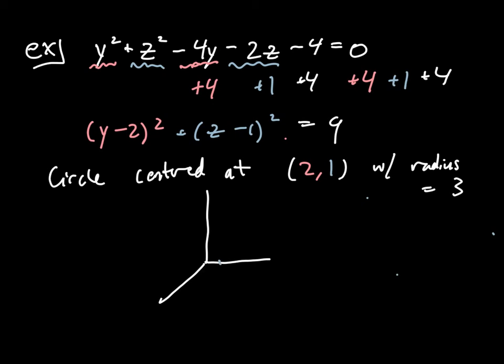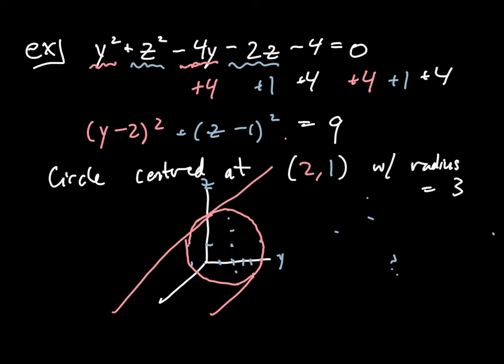We go over 2, up 1 in the YZ plane. There's our center. And let's go over 3 in all directions. Draw a nice circle. Let's do this in salmon color. And then we know that there's no dependence on x, so this stretches out along the positive and negative x-axis. There we go. It goes on forever.